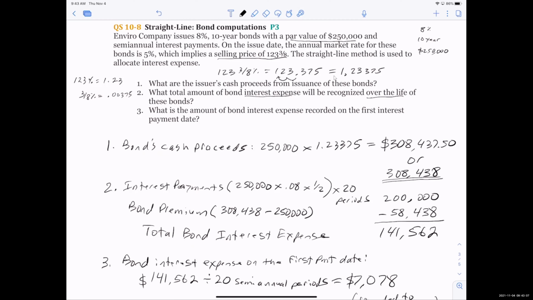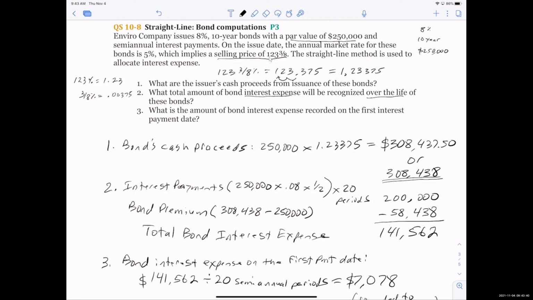Now, they're killing me with all these fractions and stuff. I'll just let you know how to calculate this. 123 3/8%. Well, if you just bring over the 123, and that 3/8, if you go 3 divided by 8, that's going to be 0.375.